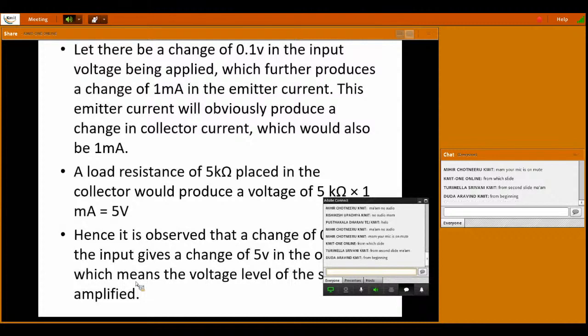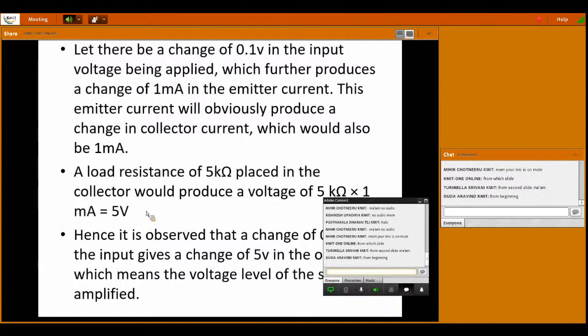If I connect a load resistor with a magnitude of 5 kilo ohms, then the collector current passing through that 5 kilo ohm load resistor produces a voltage drop of 5 volts. The change in input voltage is only 0.1 volt, but we have achieved a large output voltage, which is 5 volts.